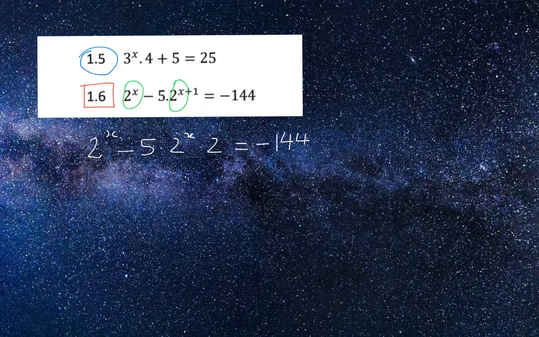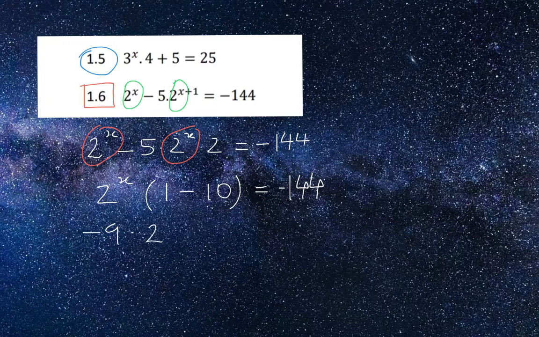So 2 to the x now I can see clearly as my common factor. Removing the common factor leaves me with 2 to the x times 1 minus 10, which is equal to minus 144. Right, so it's minus 9 times 2 to the x is minus 144.